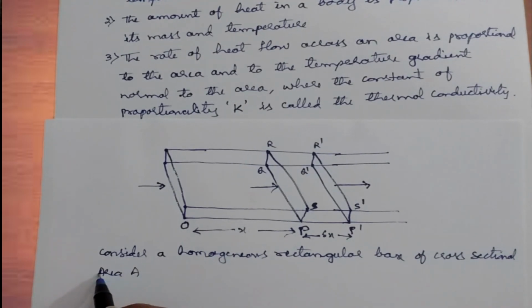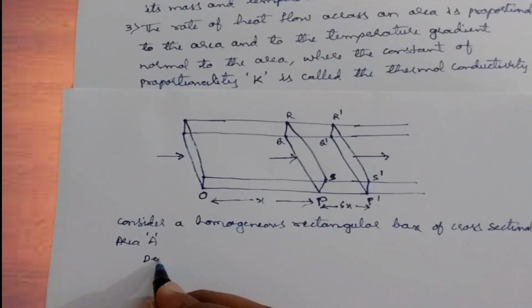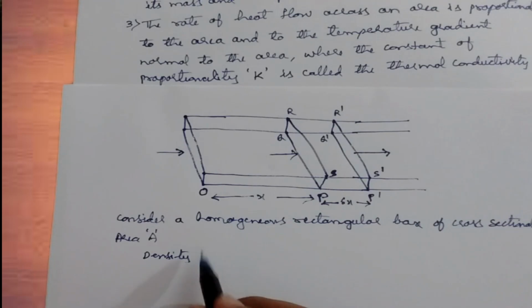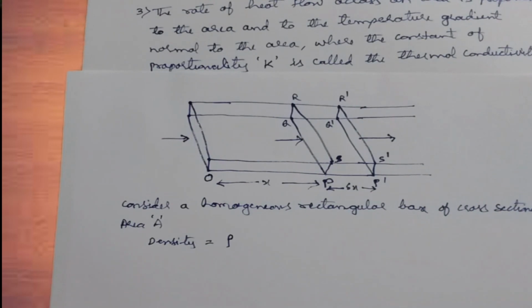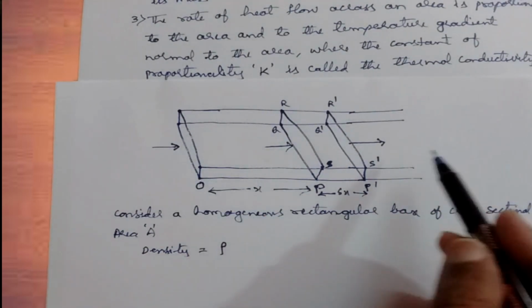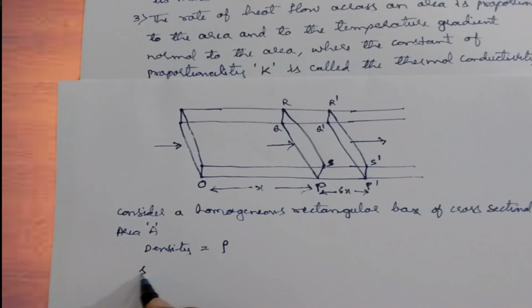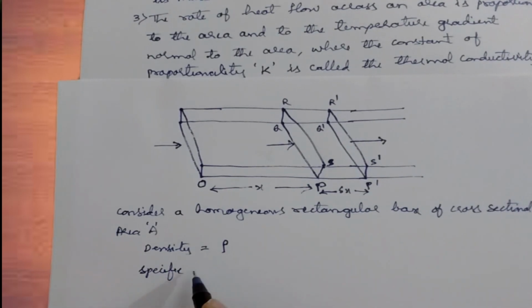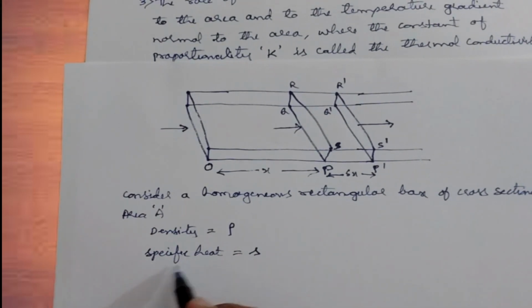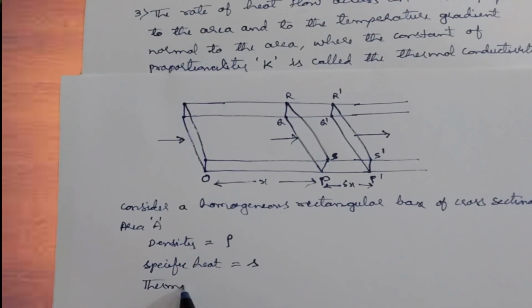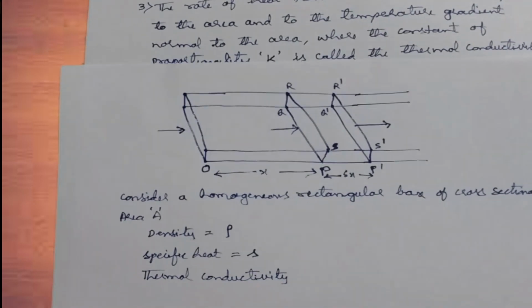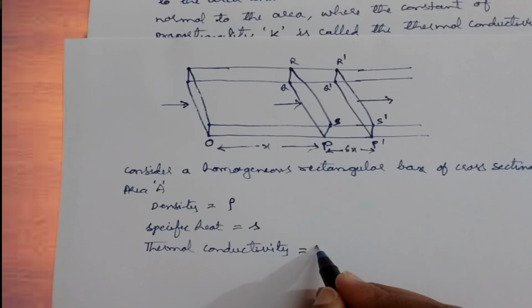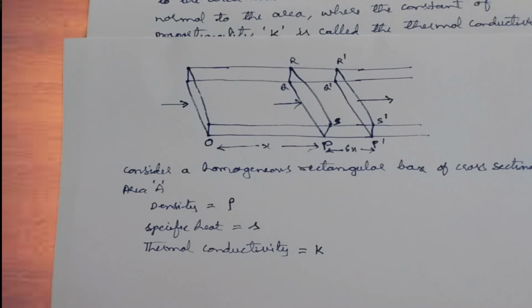the cross-sectional area to be A, and let us take the density of this rectangular slab to be rho. Rho is the density of the rectangular slab, and because the heat is flowing through this rectangular slab, the specific heat can be taken to be s, small s, and the thermal conductivity, let us take that to be K, right?